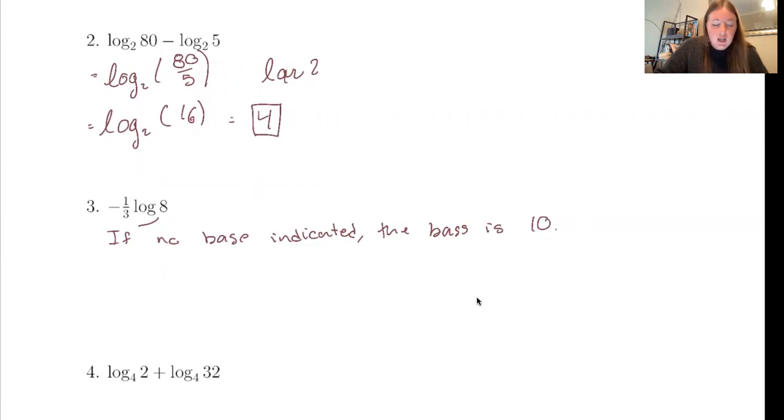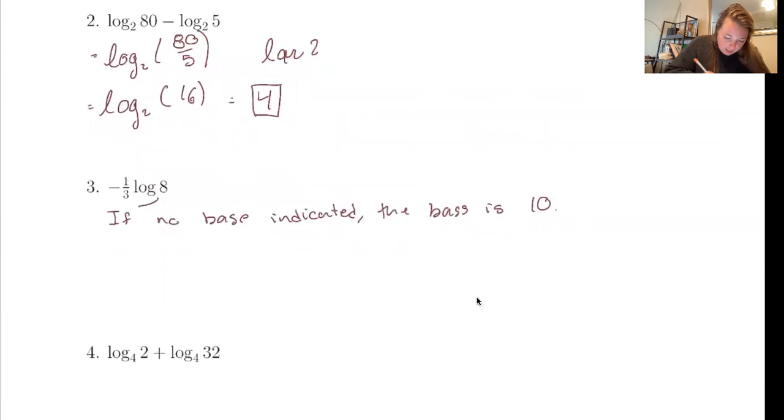So kind of like how in cube roots we write the 3 on the radical, but if it's a square root, we don't. Log base 10 is a very used log, so we use it so much that we just assume if there's no base, it's log base 10. So if there's no base, we just assume the base is 10.